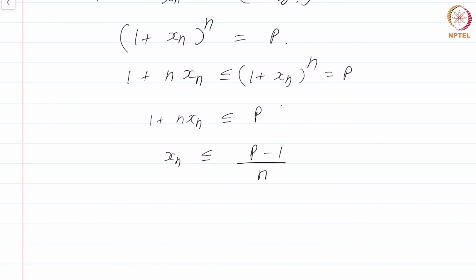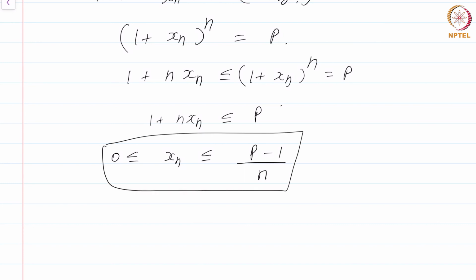We already know that 0 is less than or equal to xn. Combining these two, we see that xn converges to 0 by the squeeze theorem.